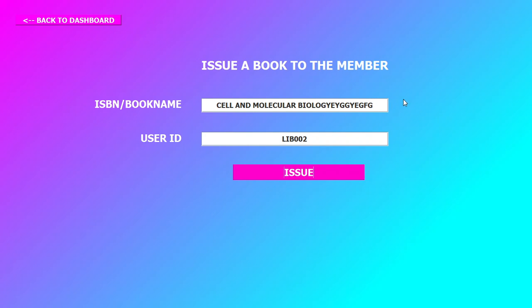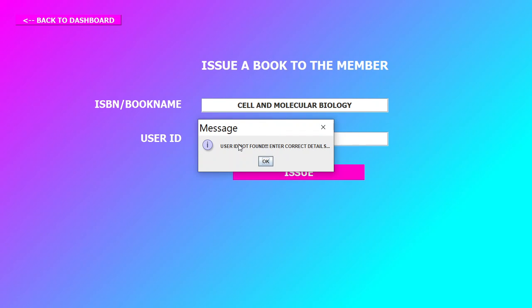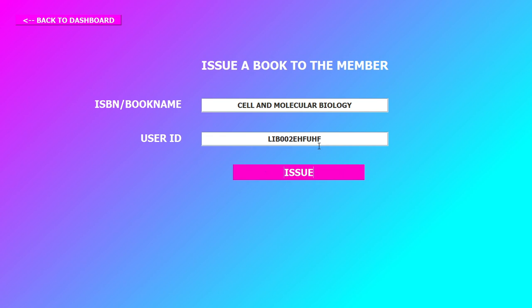And if we enter a wrong user ID instead, it will show user ID not found, enter correct details. So every time we need to enter correct details, as these details are verified with the database.